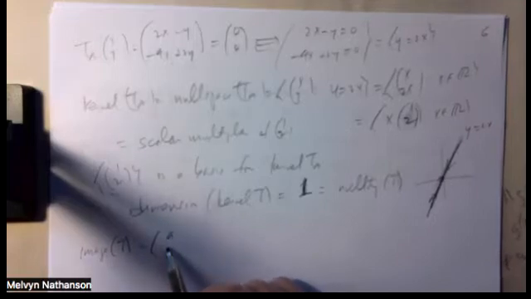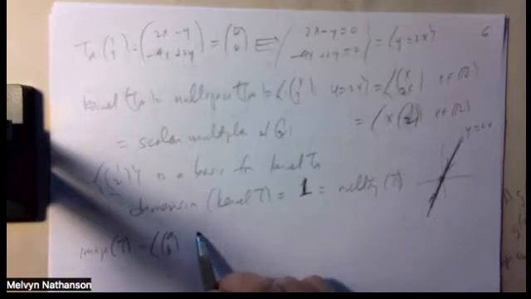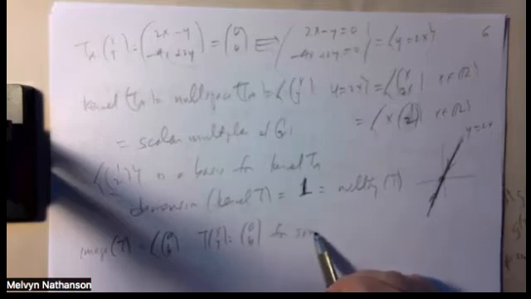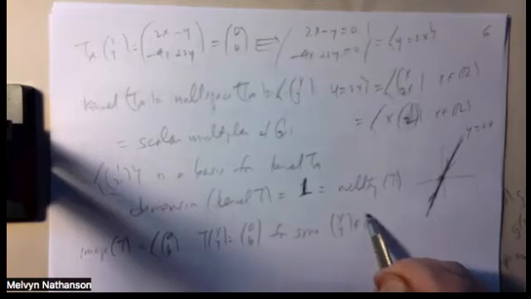And what is the image? The image of T is the set of all vectors (a, b) such that T of (x, y) equals (a, b) for some vector (x, y) in the space.